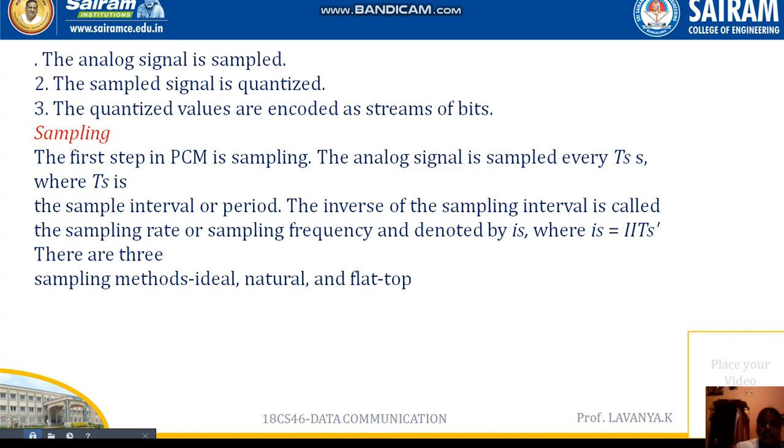The inverse of the sample interval we call the sampling rate, or sampling frequency, which should be at least two times the signal frequency. There are three sampling methods: ideal, natural and flat top.